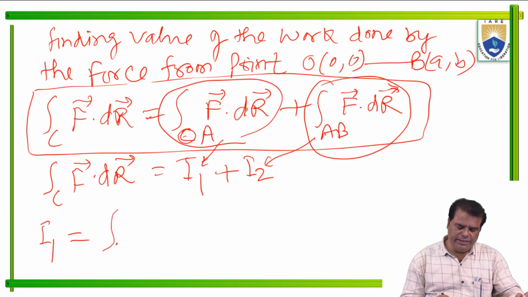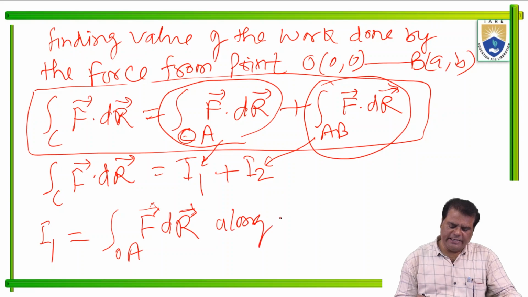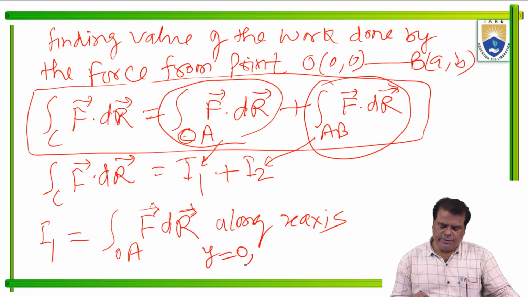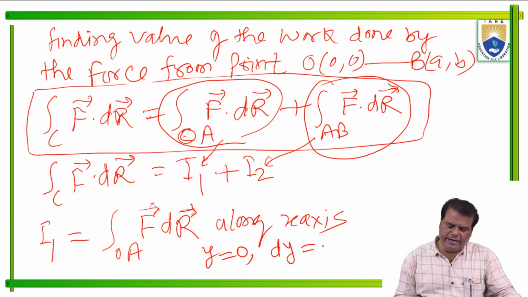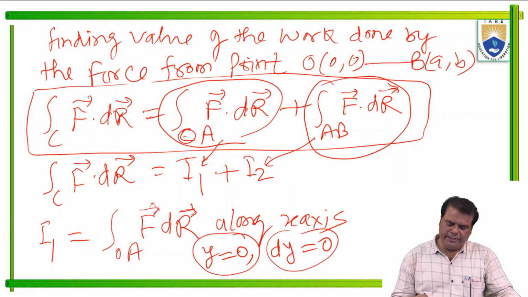I1 is the integration over OA of F dot dr. This is along the x-axis. Along the x-axis means y equal to 0, and y equal to 0 means dy is 0. So putting these two values here.